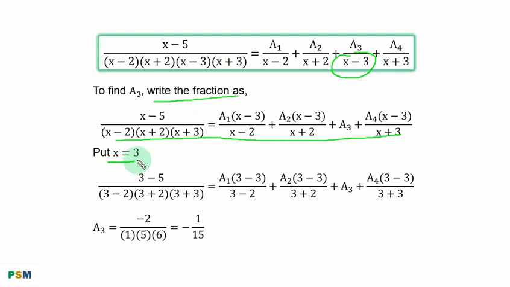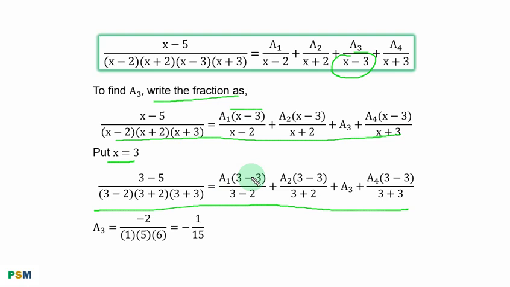That is very simple. s − 1, s − 3. For you to get 0, it must be 3 − 3. That is why we are putting s equal to 3 in order to make A1, A2, A4 equal to 0. You have it in this form.